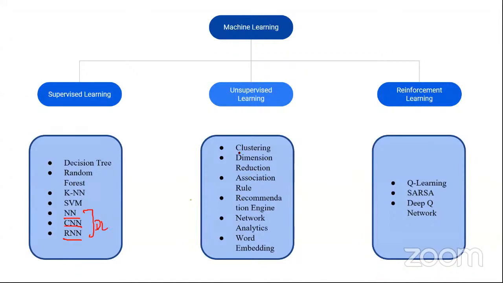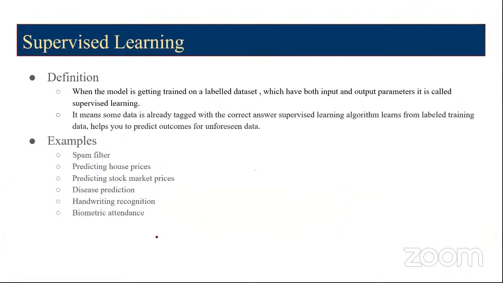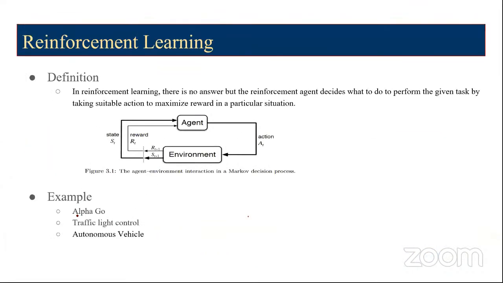In the unsupervised world, we have multiple clustering algorithms, dimensionality reduction, and recommendation engines. These are all examples of unsupervised learning. And last but not the least, in reinforcement learning, we have Q learning, SARSA, and deep Q network. Okay, I guess I missed one thing. So these are the examples.